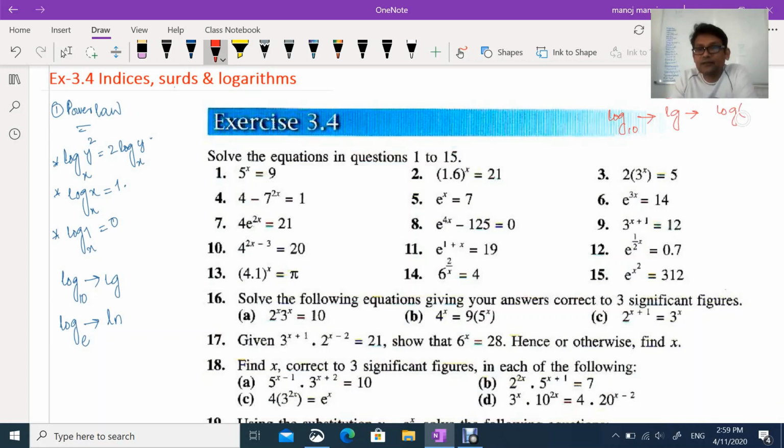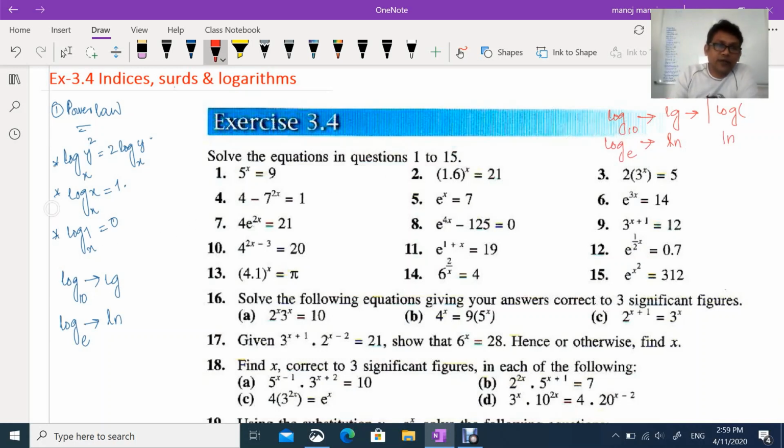Both lg and log in the calculator and book are the same, and have base 10. In the book we have ln, and in the calculator it is the same, and that is base e.